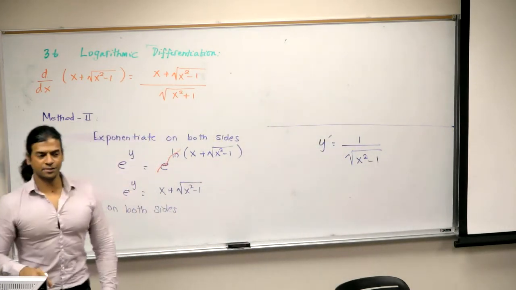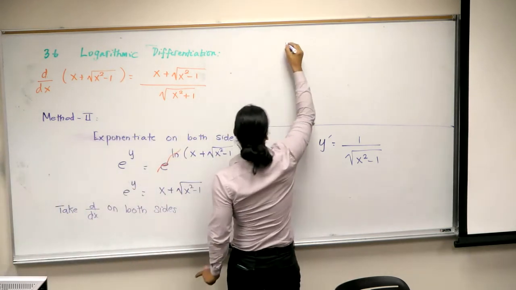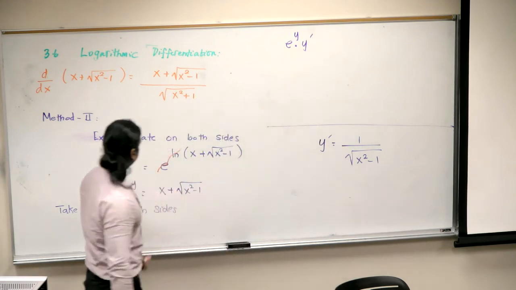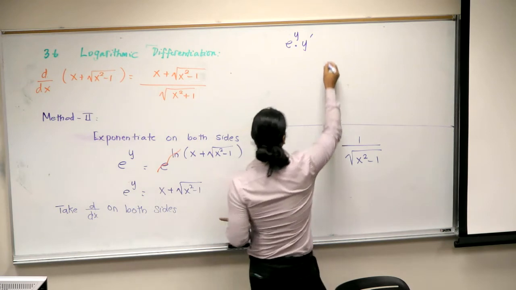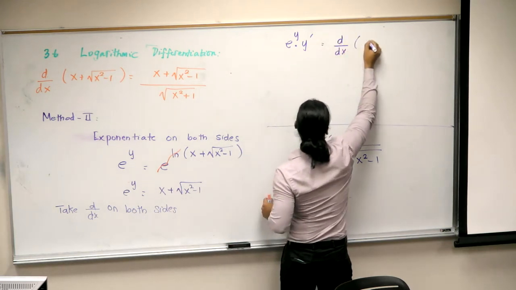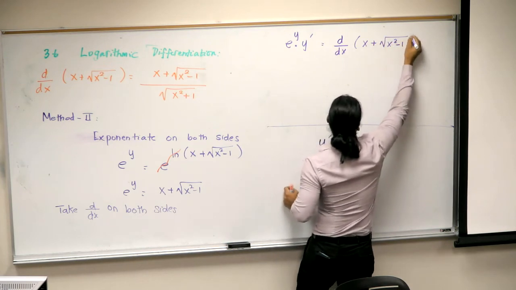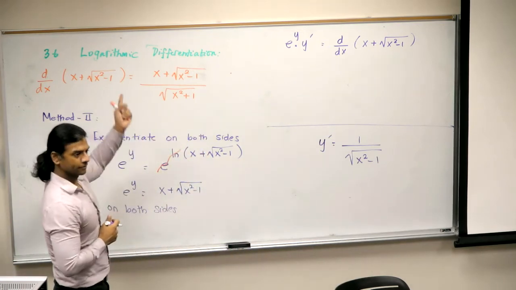The derivative of e raised y is e raised y times y prime. Very good. On the right hand side, we have to take the derivative of that term. But I already have it from the previous part, right?